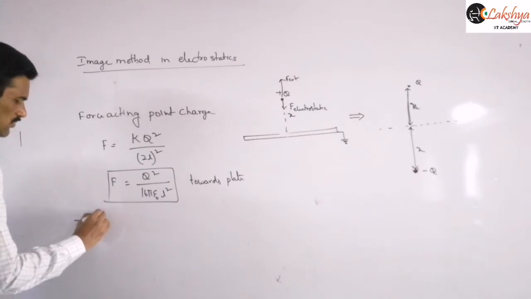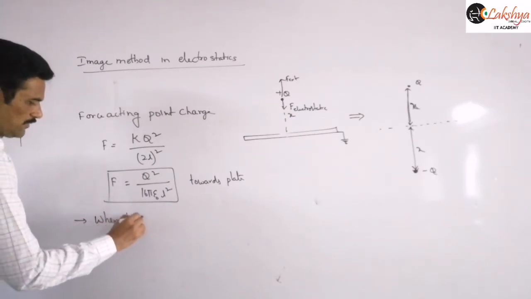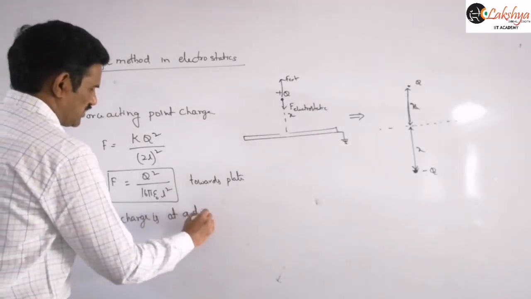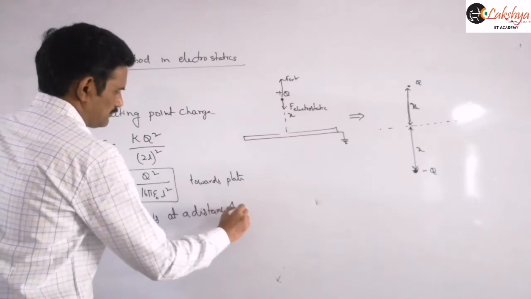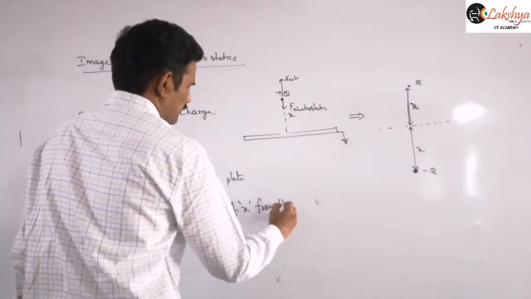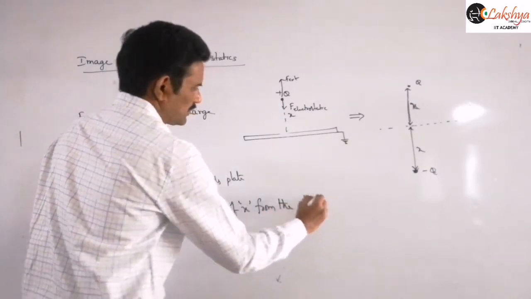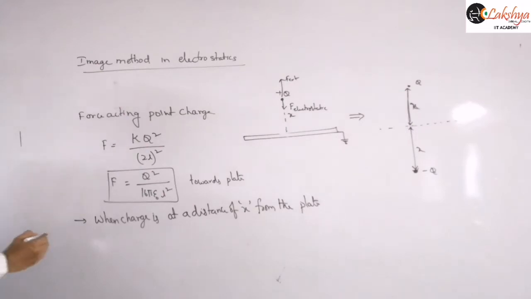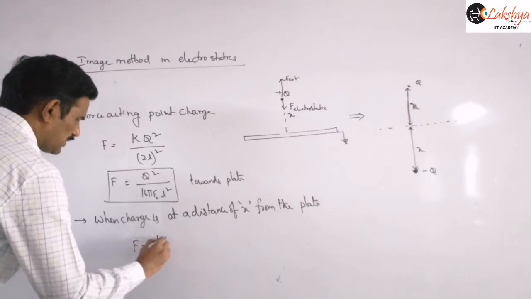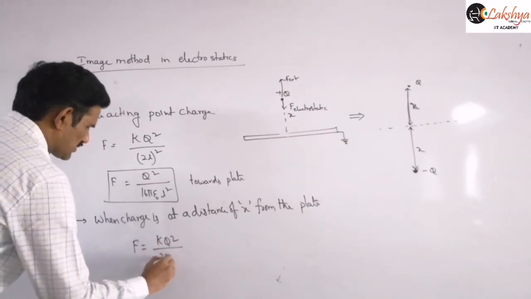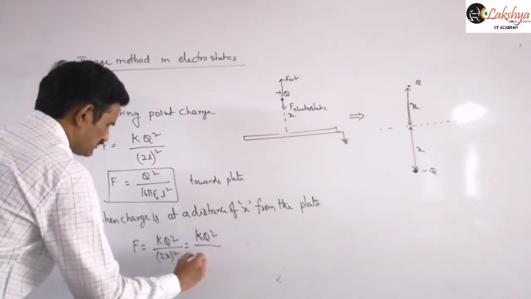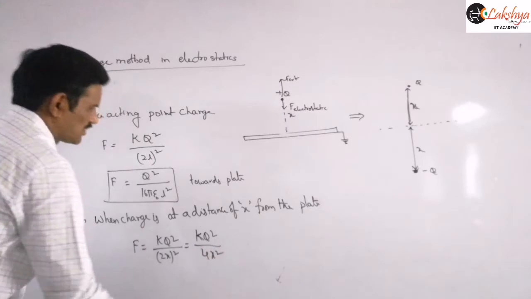When the charge is at a distance of x from the plate, you can write the force F is equal to kq square by (2x) whole square, which is nothing but kq square by 4x square.